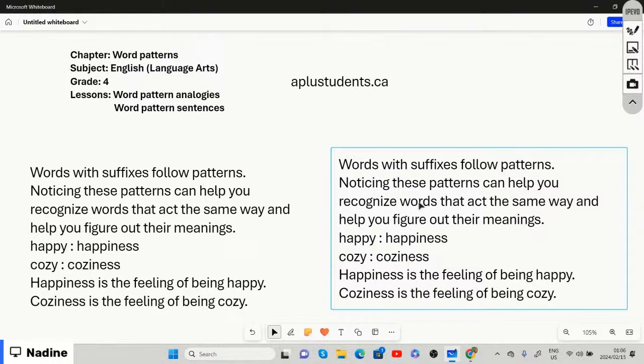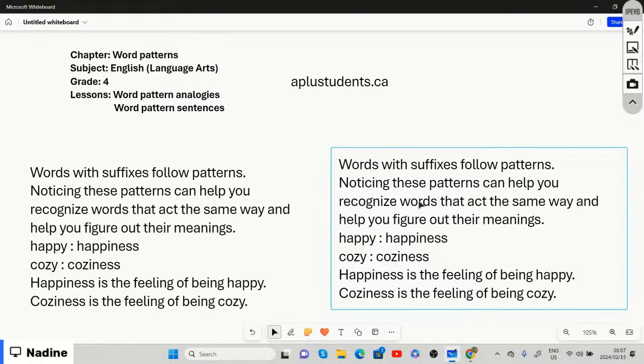All right, and when it comes to words or word patterns, words with suffixes, right? They follow certain patterns. And remember, a suffix is a word or letters that you add at the end of a base or root word, right?